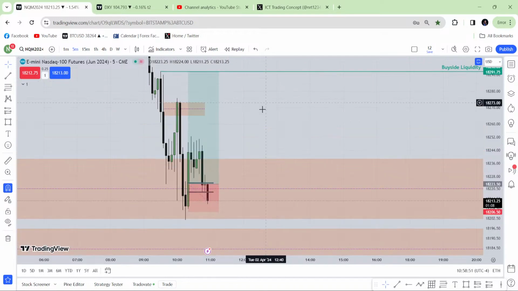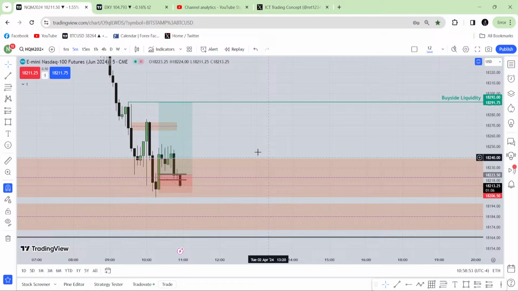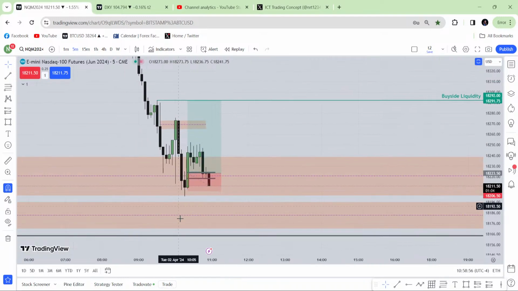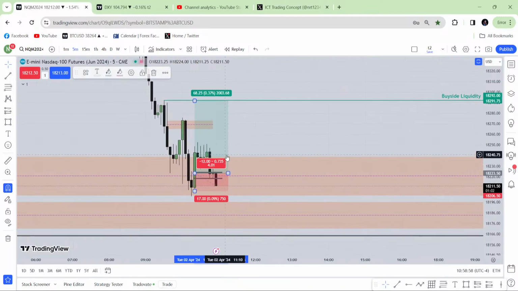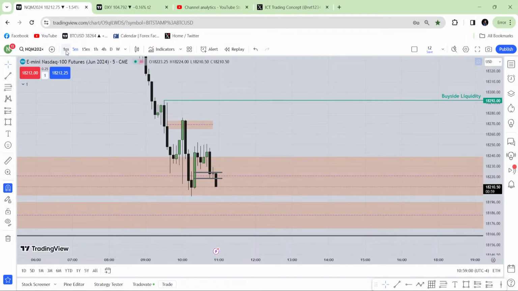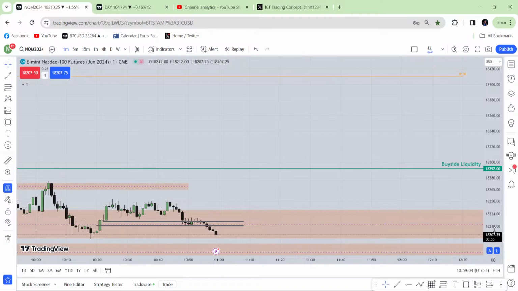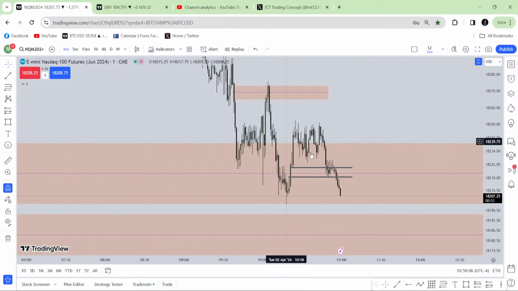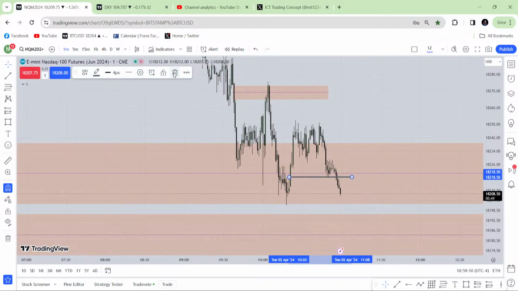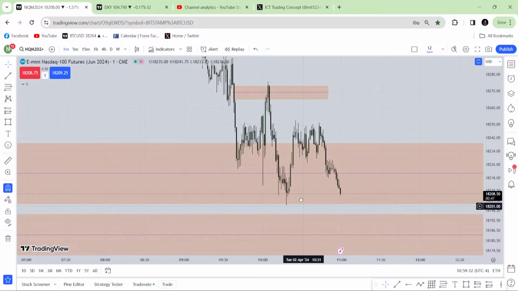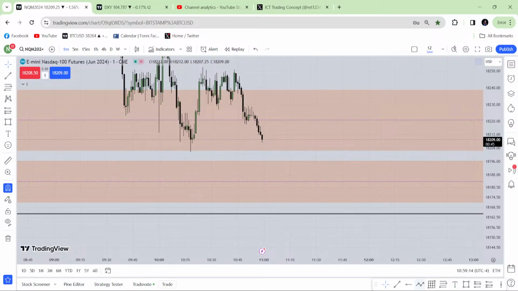I don't see any SMT. We're at the macro right now. Let's see about the macro. It's been a long time, I don't trade in macro. For macro I don't have the 50-minute low, I guess. No, I can just go for this low as my macro.